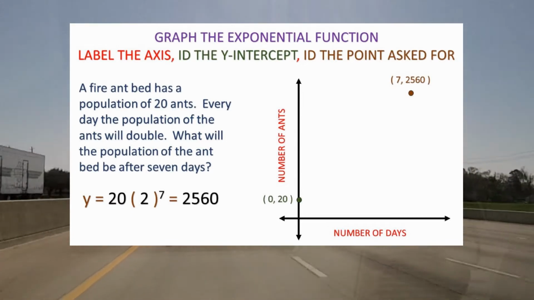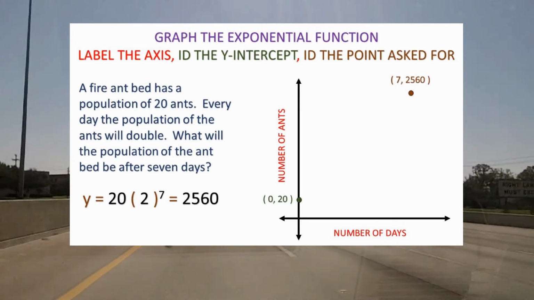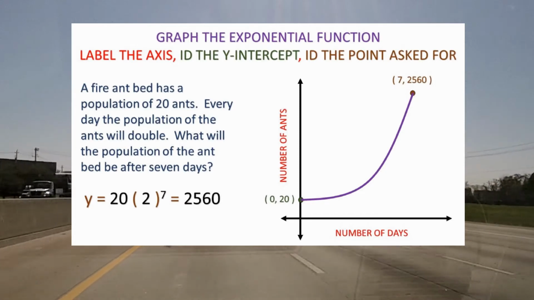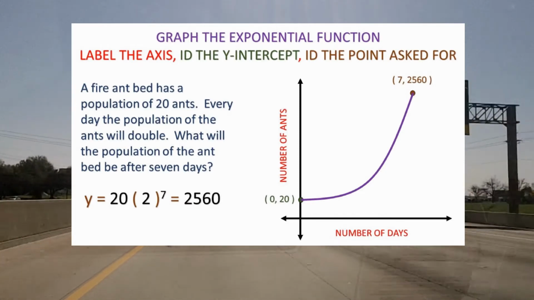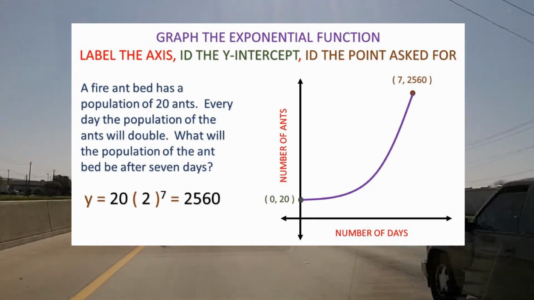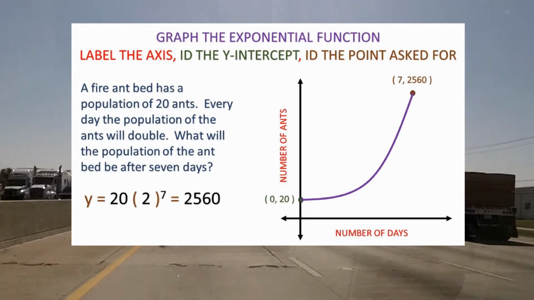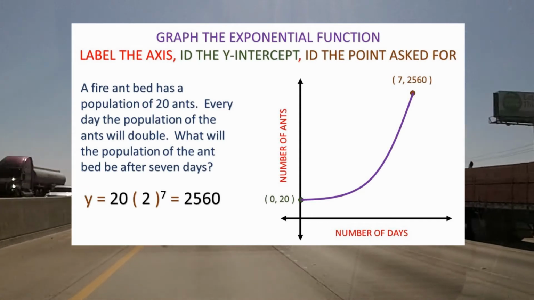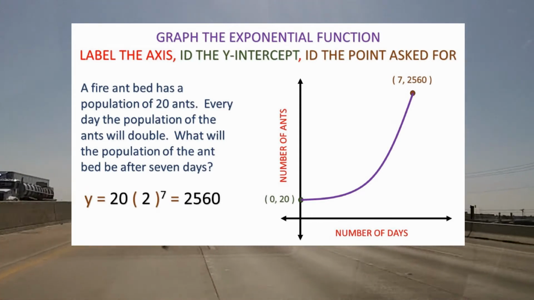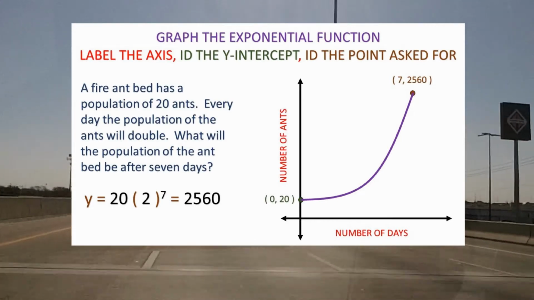Now, we'll draw an exponential growth curve which goes up. It will look something like this. This is a rough graph of what this function looks like. Notice that our axes are labeled with the number of days and the number of ants. Our y-intercept is (0, 20), and the curve has exponential growth up to the point (7, 2,560).